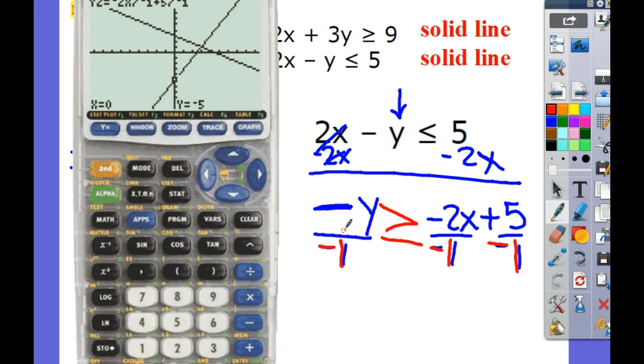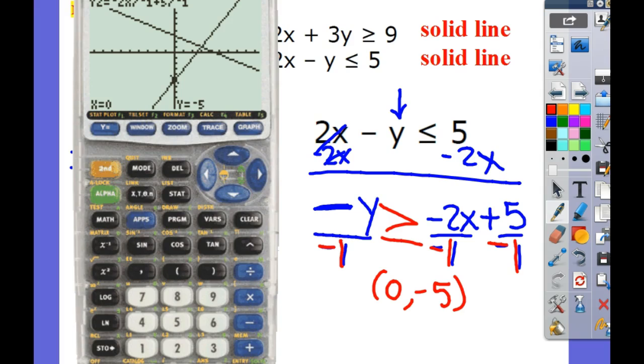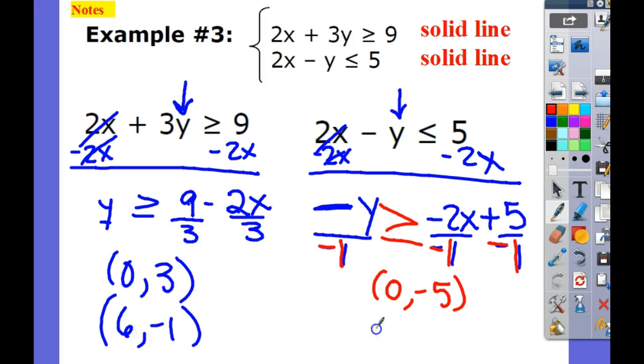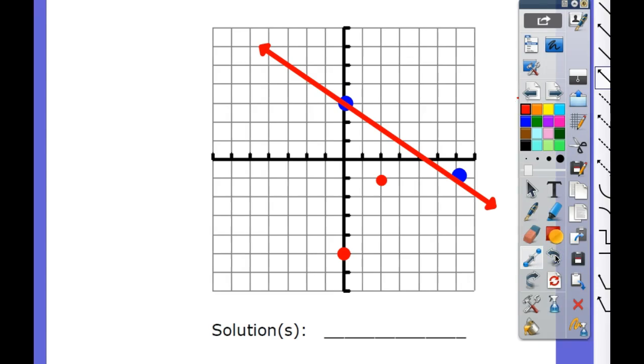And so 0, -5 is one of my points. And so this is going to be a solid line. And I am going to graph this. Okay, there's my 2 lines. Once you get your 2 lines, then you need to shade it.